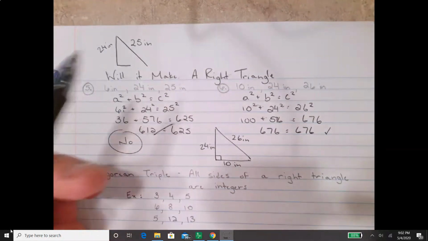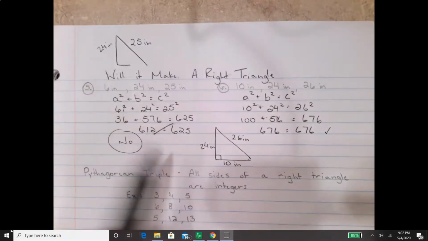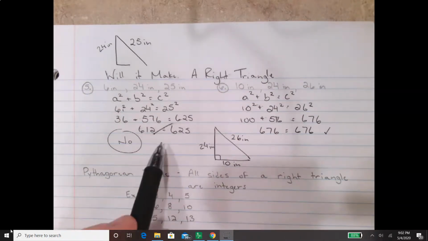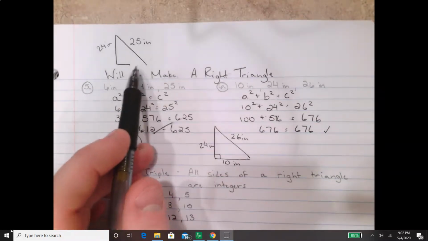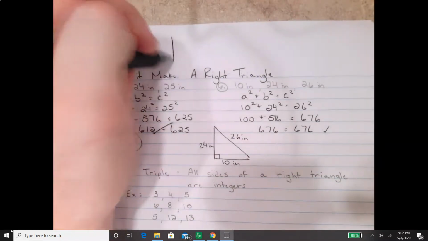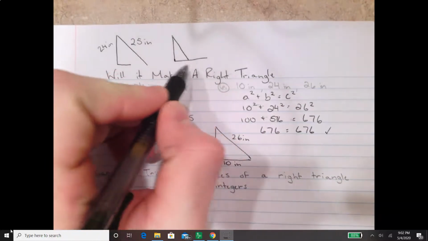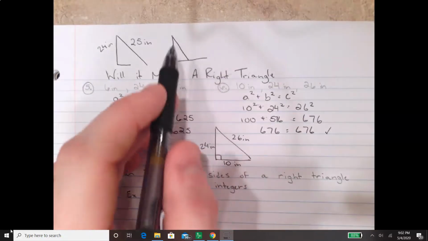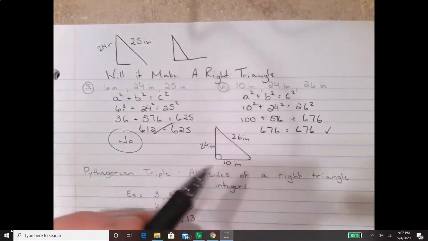So this is an example of maybe what that triangle would look like when you drew it if they're not equal to one another. There's a possibility of it having a gap, or there's a possibility of it, say this was my bottom, that maybe the bottom was way too long and it overshot the hypotenuse. Notice how it didn't come to all three of the vertices. The sides didn't stop.